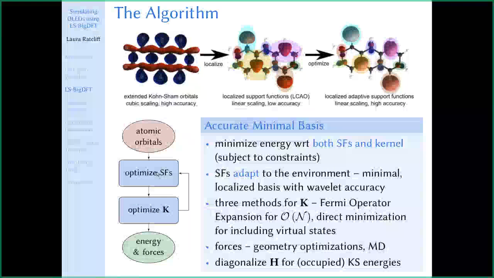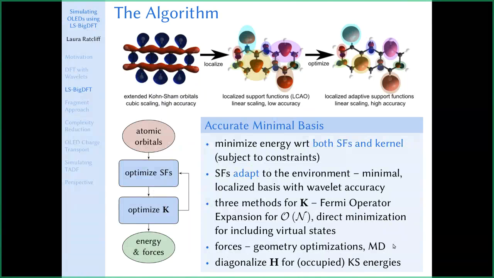So our overall algorithm has 2 steps. One where we're optimizing the support functions, then we optimize this density kernel, and then we repeat until both of these things are converged. We have a few different methods for optimizing the density kernel. The Fermi operator expansion method allows us to be linear scaling, but we also have a direct minimization approach, which means we can have a basis set which is able to include some virtual states, which if you don't use this approach, usually the support functions are oriented towards the ground state only.